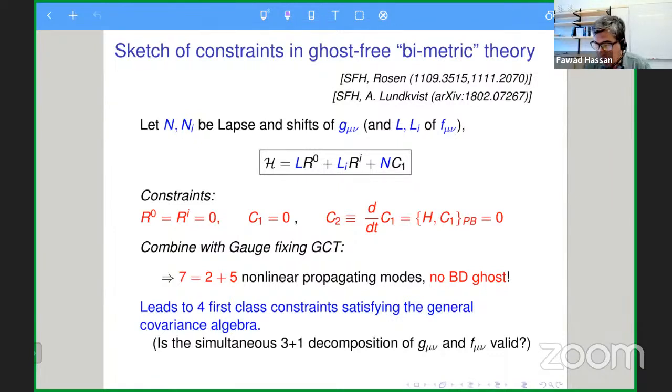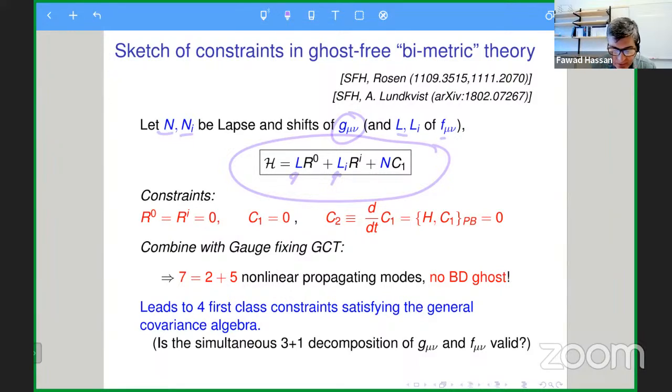Okay, so now let me give a very brief sketch of this analysis of the ghost. The basic idea is that if you take the metric g_mu_nu, with N and N^i its lapse and shift functions, and you likewise write the lapse and shift of the metric f, then the Hamiltonian for the theory takes this form. So you have the lapses and shifts as Lagrange multipliers. You can write them in different ways; this is one choice.